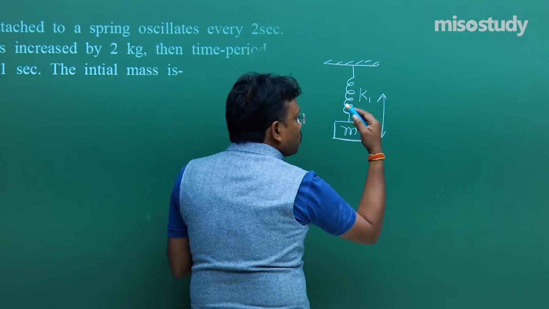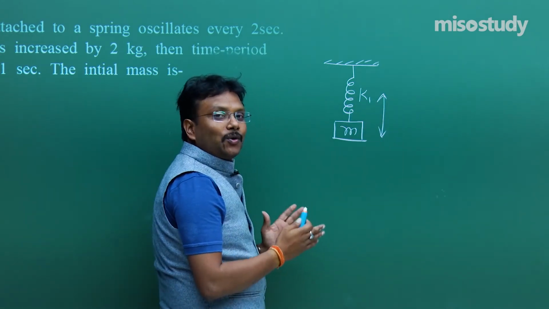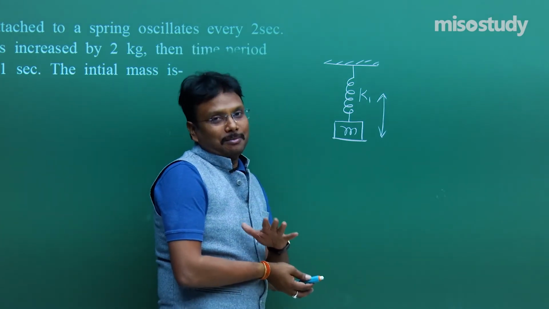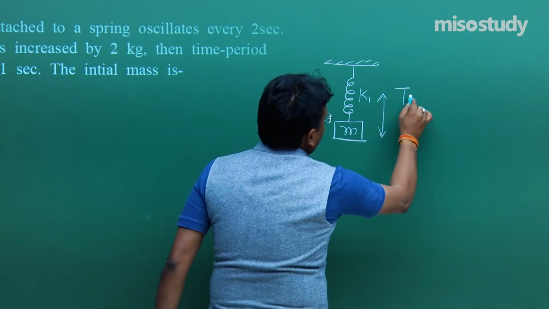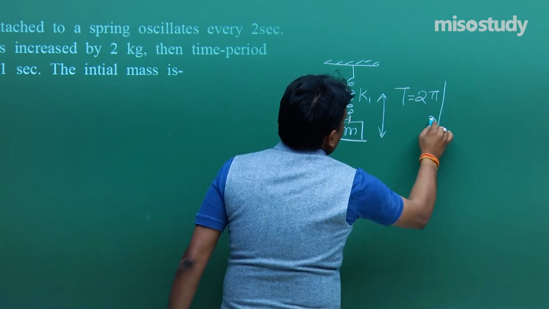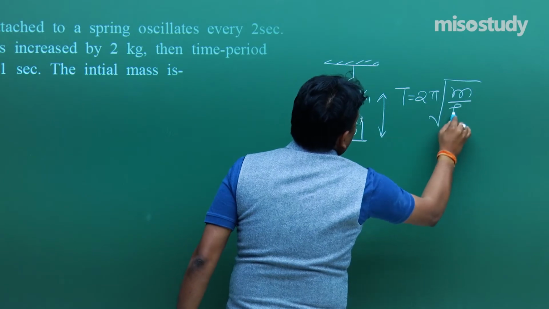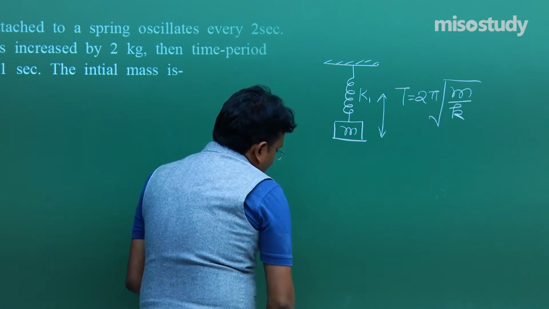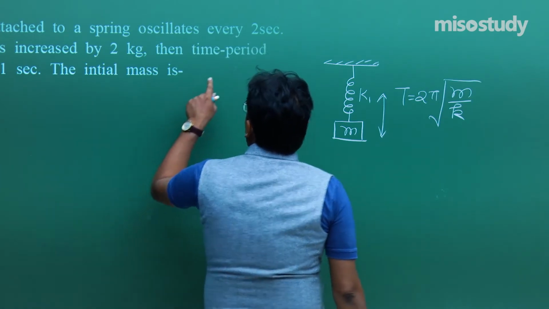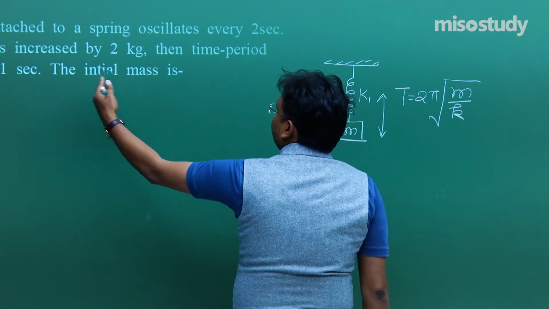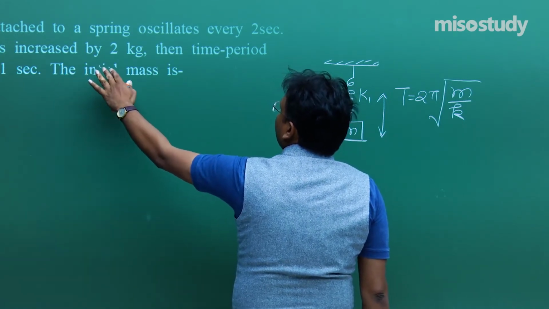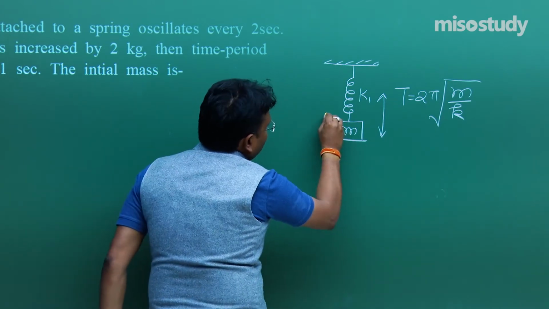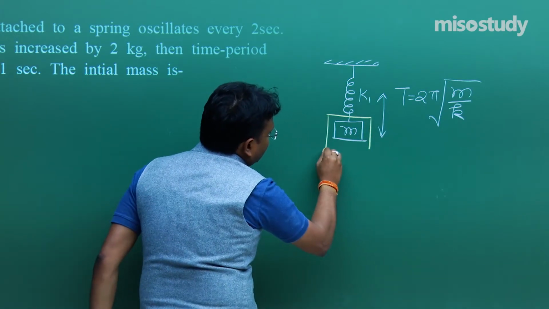If it's oscillating, so one formula that again I am going to write down directly, because simple suggestion is at least this result, yes, you should remember. Fine. So T is equal to 2 pi under root m by k. That is the basic result we are going to use. Fine. Now after that, what happened? This initial mass you have to find out, and they increase the mass by 2 kg. It means anyhow, let's say a bigger mass added over here.